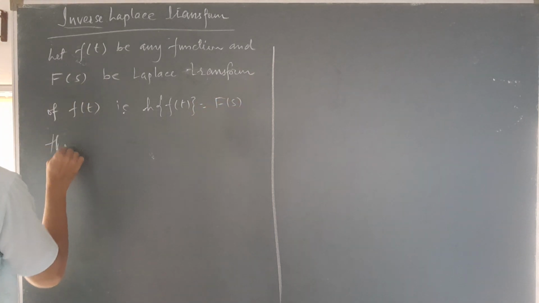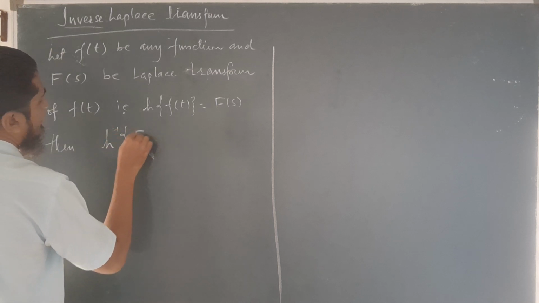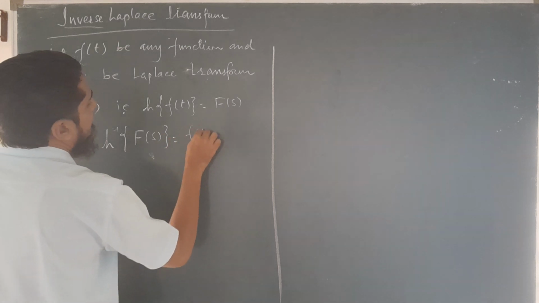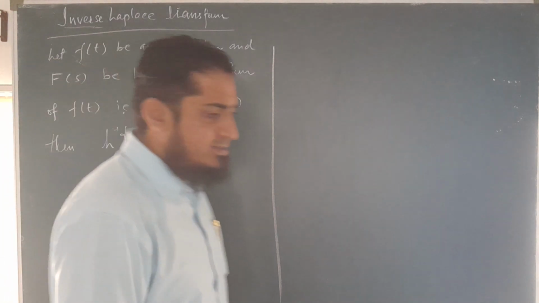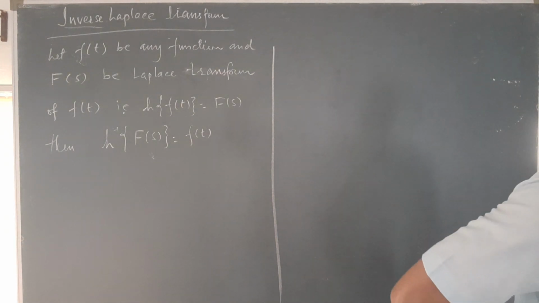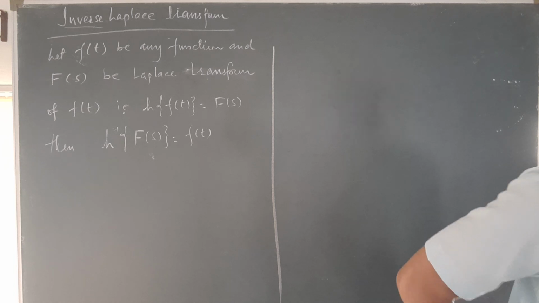Then the inverse Laplace transform of F of s will give us f of t. It is the definition. If the Laplace transform of f of t is F of s, then f of t is the inverse Laplace transform of F of s, and L raised to minus 1 is called the inverse Laplace transform operator.